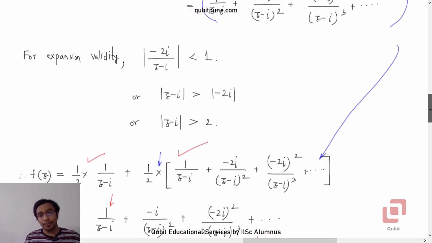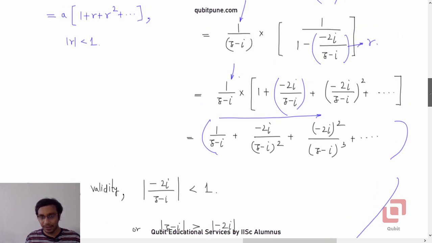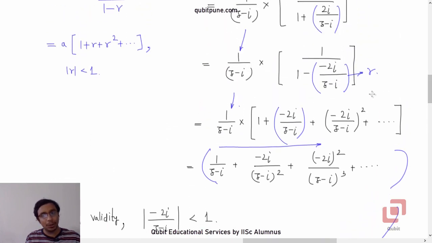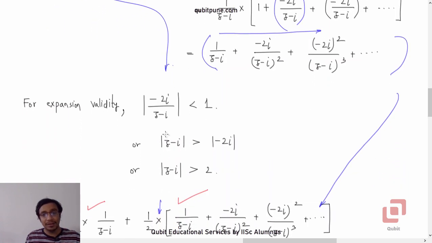Okay, now let's talk about the validity of expansion. Remember, we are now considering the common ratio to be minus 2i upon z minus i, and for the validity of the expansion the absolute value has to be less than 1. Which means this expansion is valid for all those complex numbers for which mod of z minus i is greater than 2.